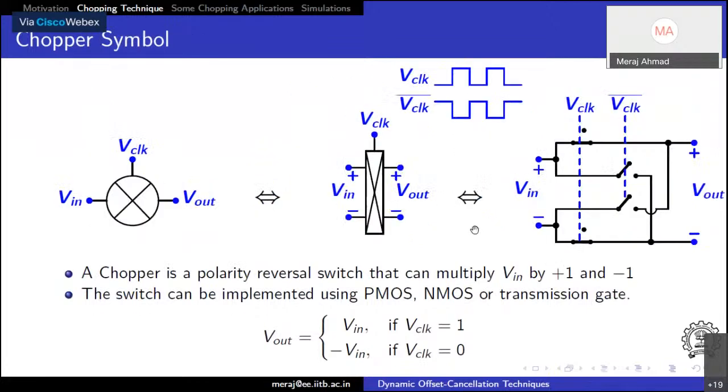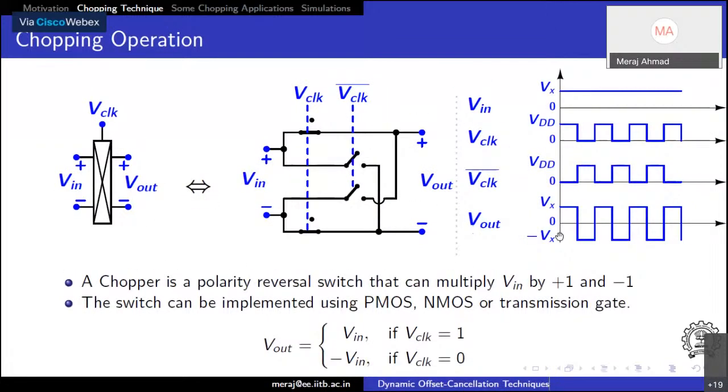Earlier we saw the symbol, now let's see some waveforms, like how the input is converted and what the input and output waveforms are in the time domain. We are focusing now on the time domain. If we see Vin, and let's assume it's a DC signal of amplitude Vx, and we have a clock of some frequency that is rail to rail from ground to VDD, and clock bar is just the inverse of it. So what will be the output?